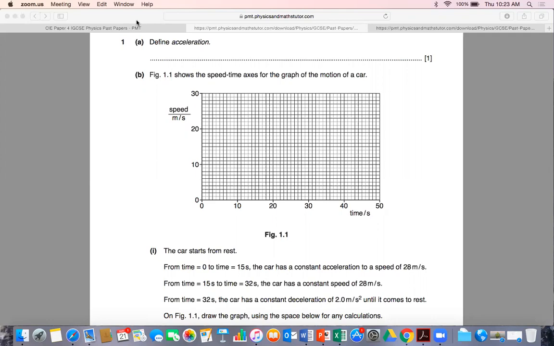Done, Chair. Okay, how about Nicholas? Done, Chair.